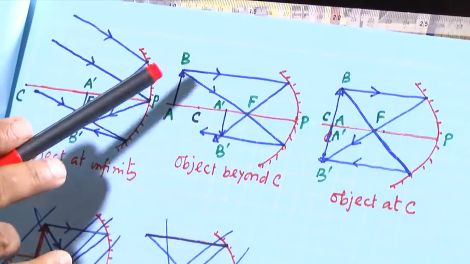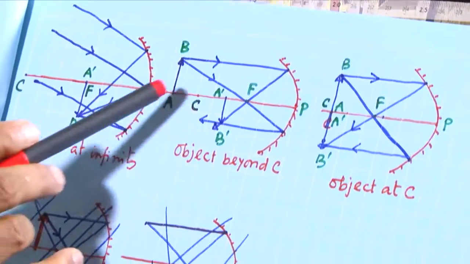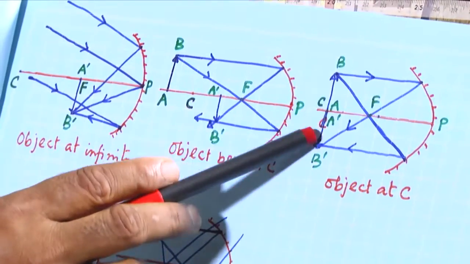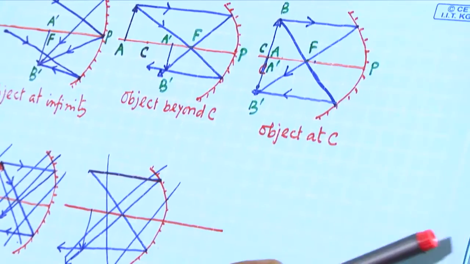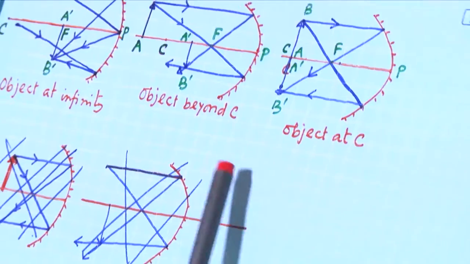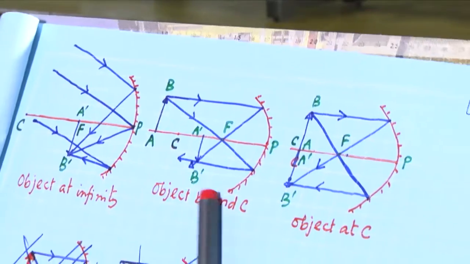So, the image is real, inverted, and the size is increasing; in this case, equal. The other three, if you draw them, you will see the image becomes larger and larger. One should try it.